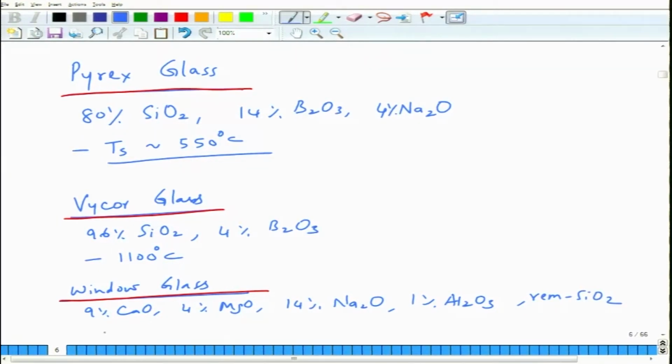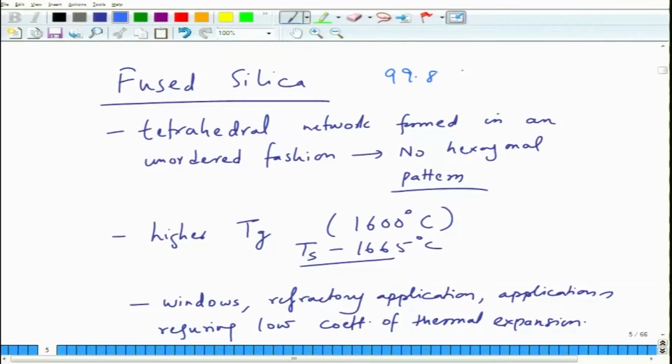This has a softening temperature of about 120 degrees centigrade. So it is useful only for low temperature applications, all right. But it can be formed into shapes very easily at lower temperatures. As a result, it is a very popular glass. And then of course, you have fused silica, which I showed you earlier, which is essentially 99.8% SiO2. Okay. These are the non-crystalline structures that we have.